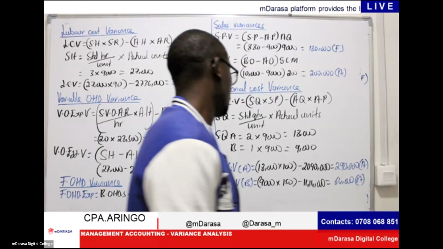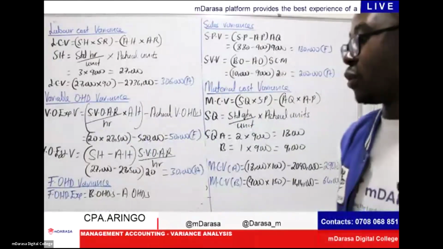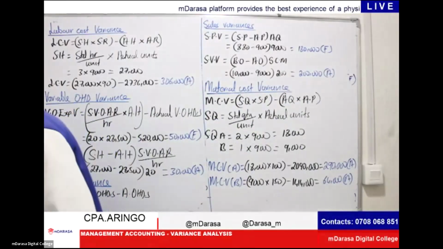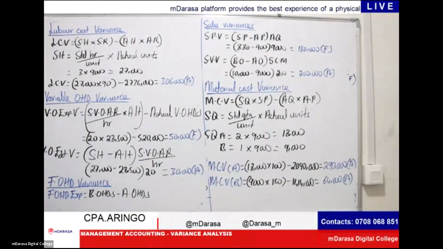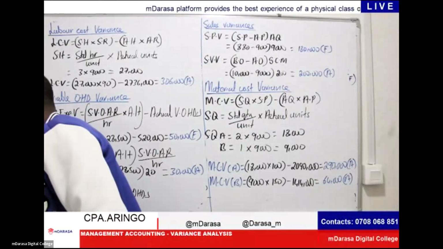In this case, what will we have? At this point, we should have our budgeted overheads minus our actual OHDs. We take the values given directly.